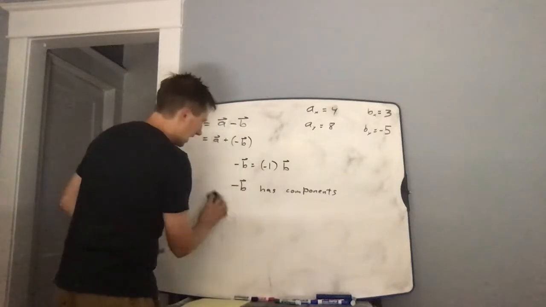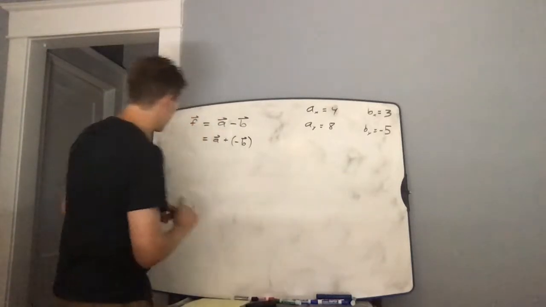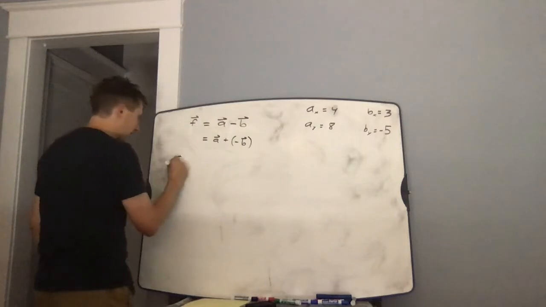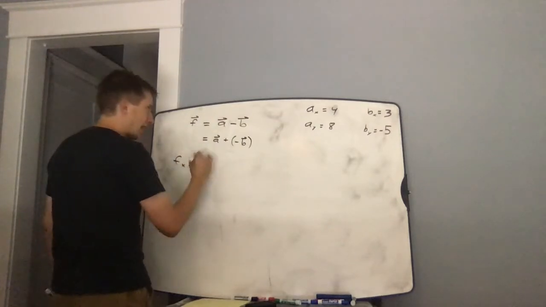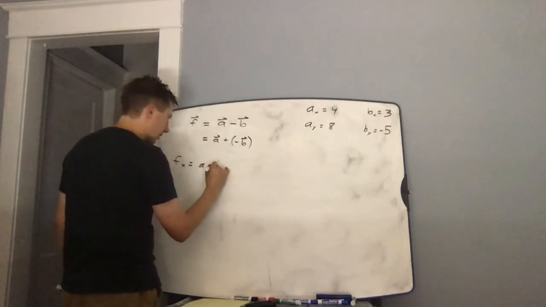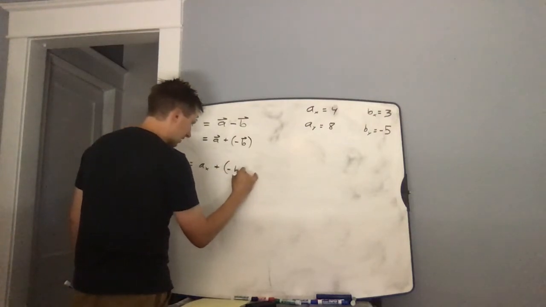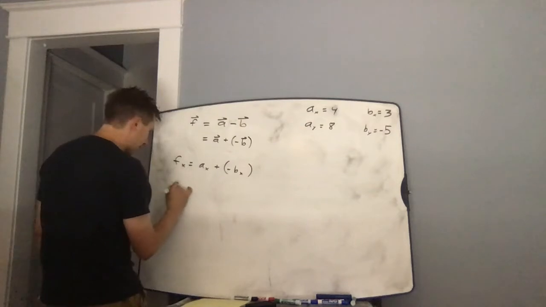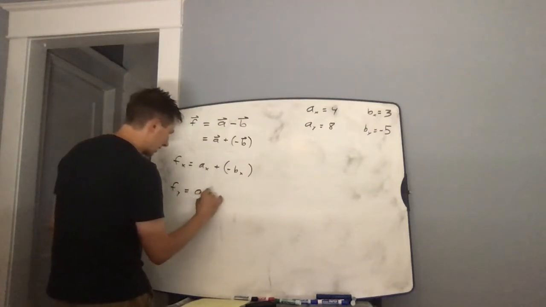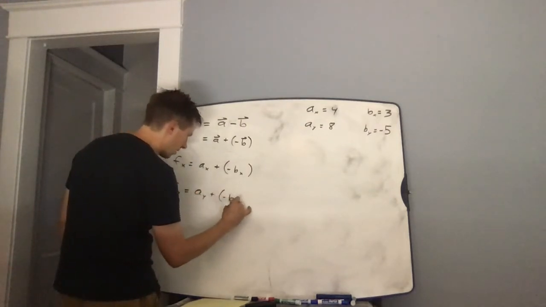So when I subtract a minus b, it's like saying fx is equal to ax plus negative bx, and fy is equal to ay plus negative by.